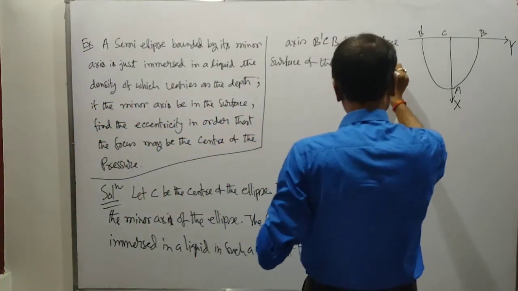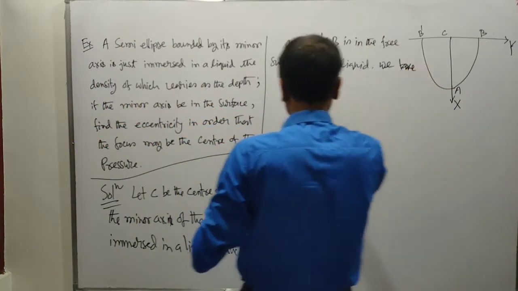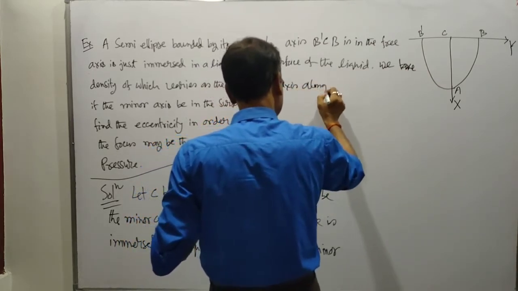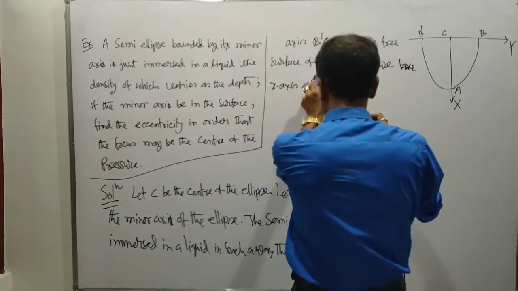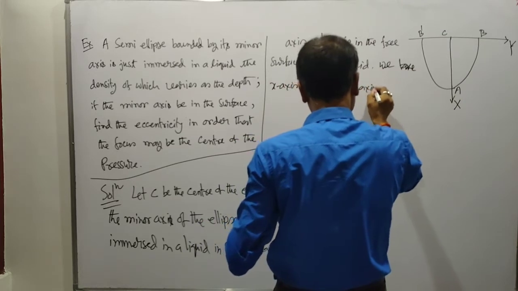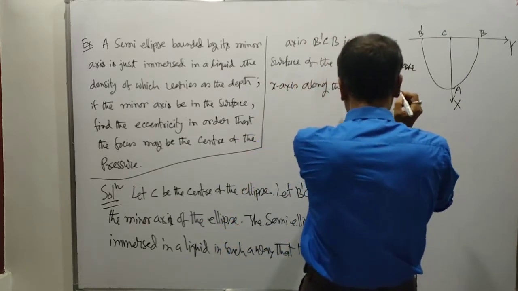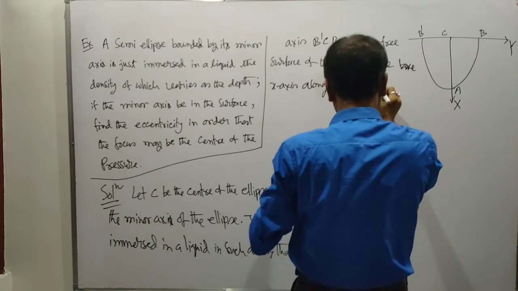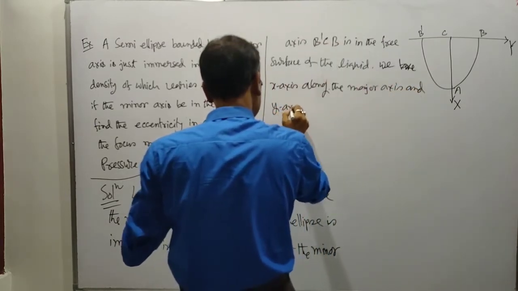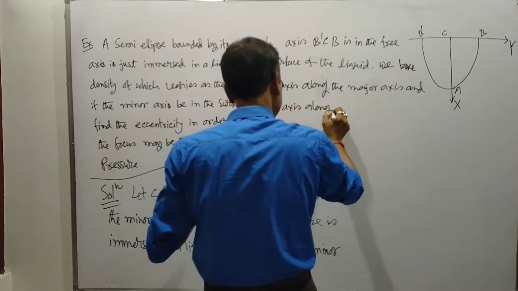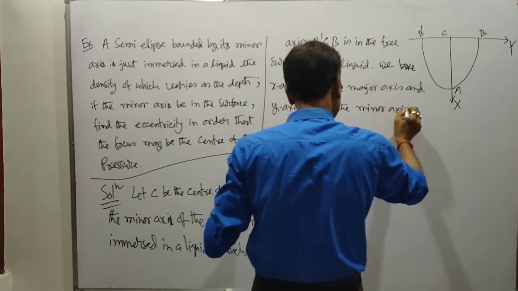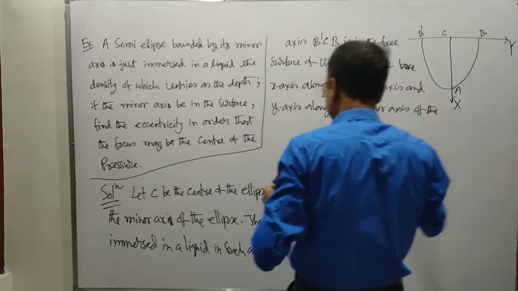Now we take x-axis along the major axis, and the y-axis along the minor axis of the ellipse.